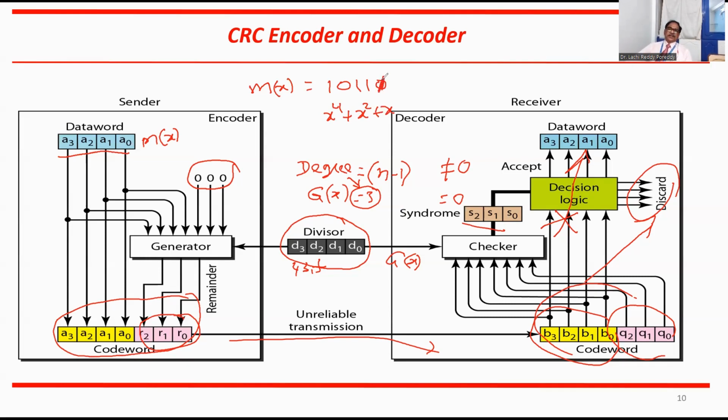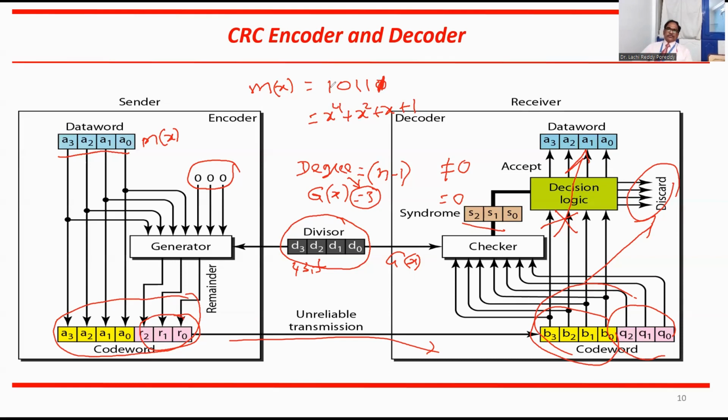Suppose I want to send 10111. This can be represented either as an algebraic expression or as a binary bit stream.